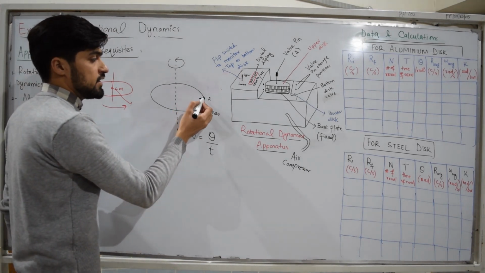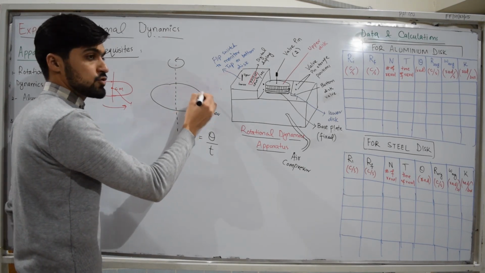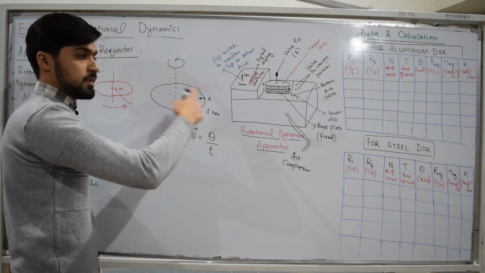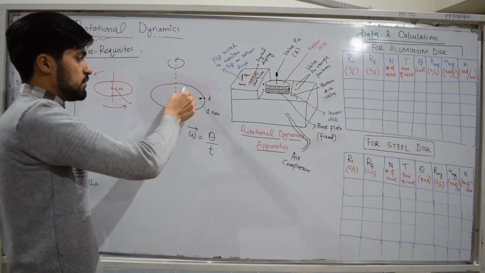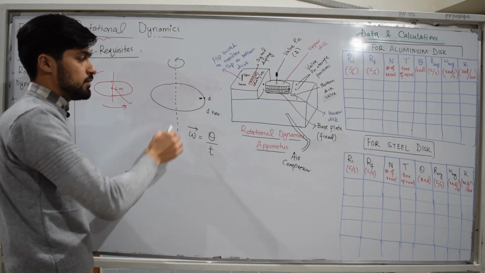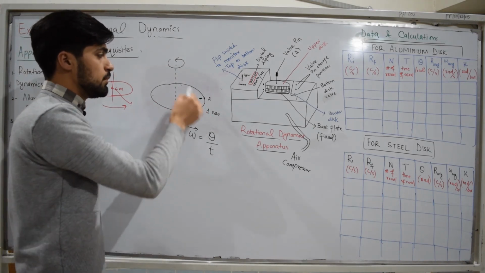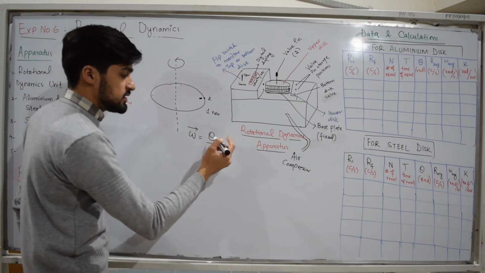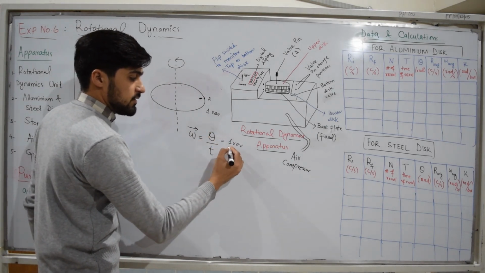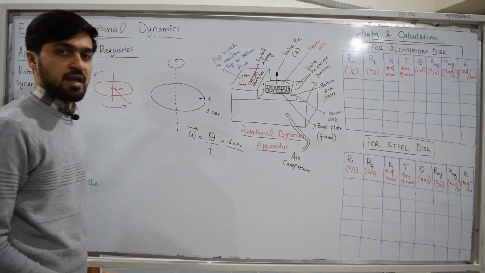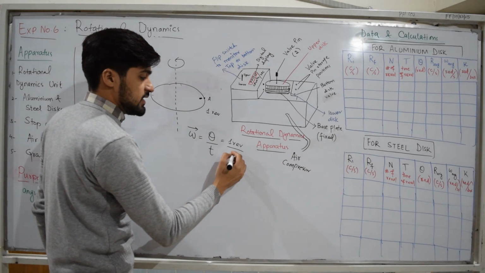If the point moves from A and comes back to A, because the disk is rotating, after some time this point will be here, then here, then back at A, completing one revolution. So theta will be equal to one revolution. And how much time is taken by the disk to complete one revolution? Let's say this is 1 second.